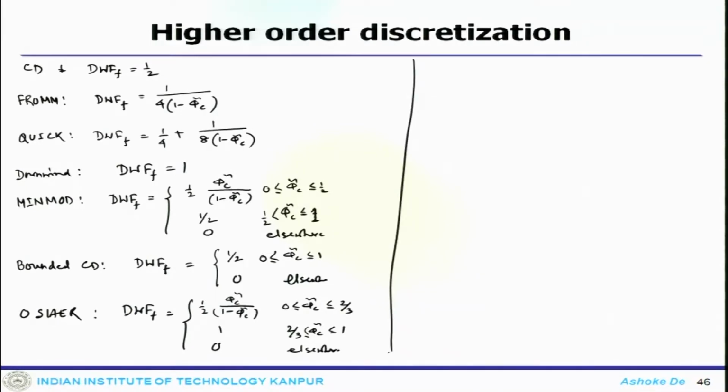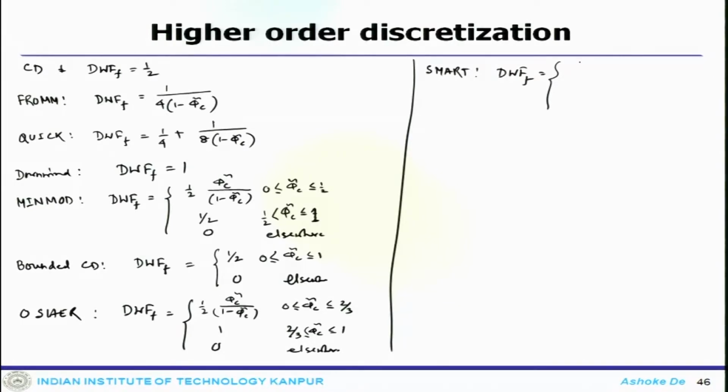Then you get SMART, whose DWF factor has 4 different segments.